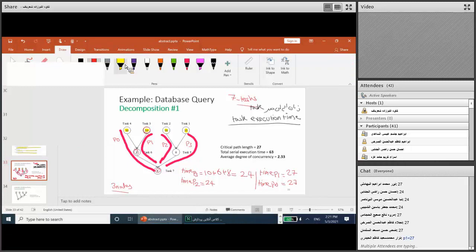Therefore, what is the critical path length? 27. Any question?